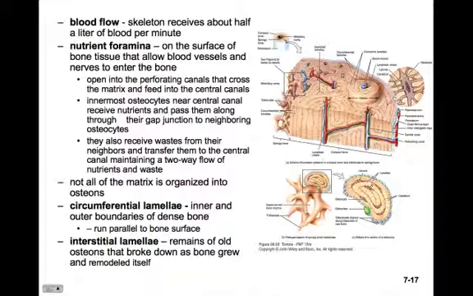In this way, the cells can communicate. They're connected to each other by gap junctions, and they'll not only receive nutrients from their neighboring cells, but pass waste back to them. And those osteocytes that are closest to the blood vessels will be the ones that are receiving the nutrients first. This way, each of the cells has a two-way flow of nutrients and waste into and out of the cells.